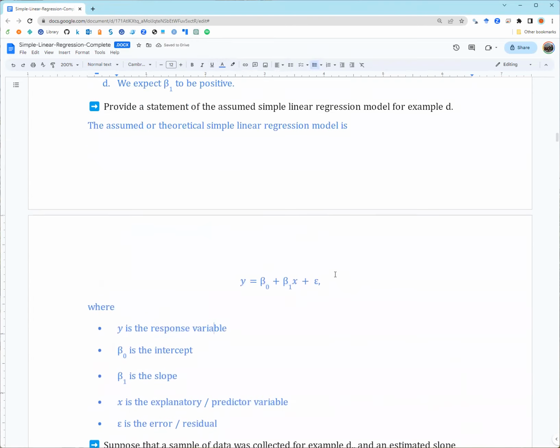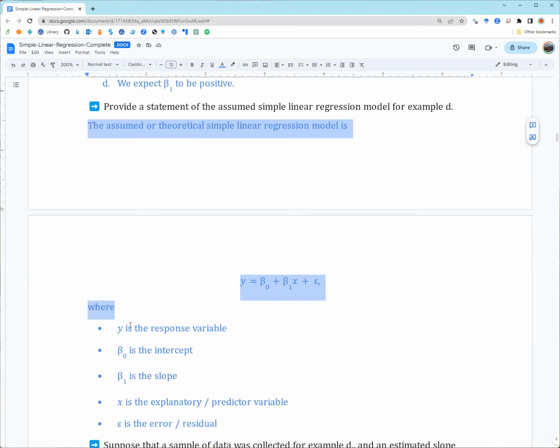All right, so for any problem, if you're asked to give the assumed simple linear regression model, you'll start with this blueprint model statement here. Okay. And this top part always stays exactly the same for any problem, the highlighted portion here.